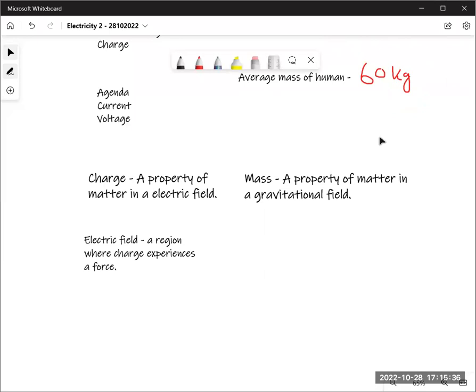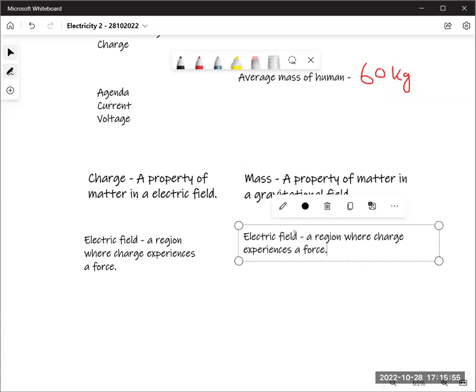That means that you won't experience the force of gravity there. So wherever you have gravity, since everyone has a mass, everyone will experience a force in a gravitational field, if there is one, like Earth, like Moon.